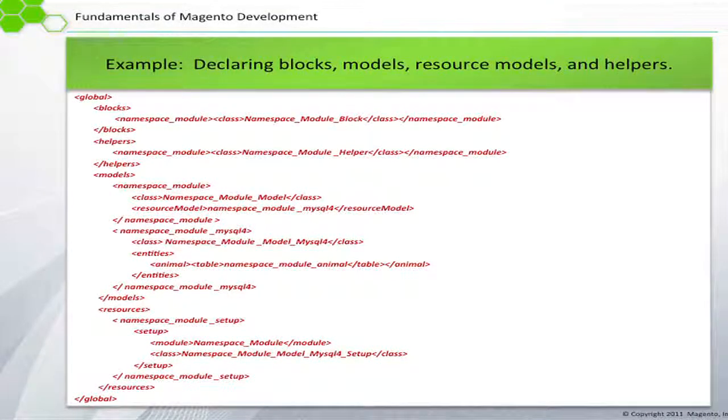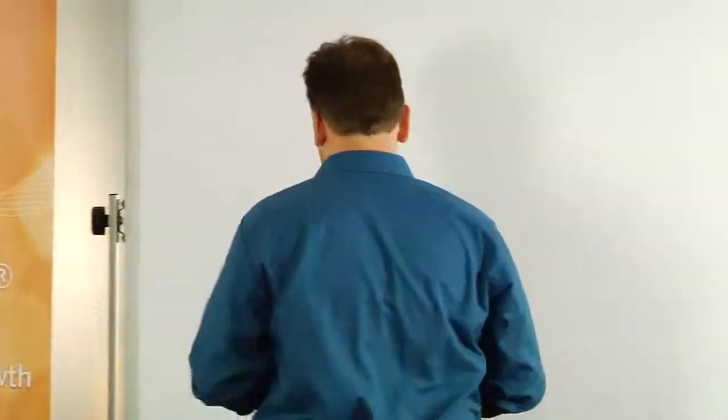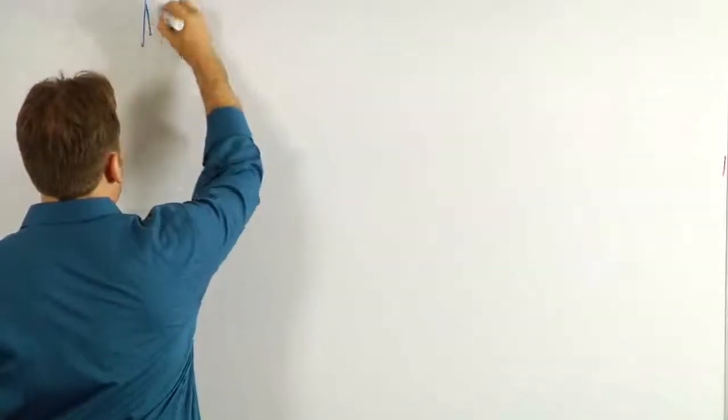So namespace module block. So now I could call for this, for example, for a helper. I could say namespace module, let me see, Mage helper. Based on what's configured here for blocks, helpers, models, I could do, for the helper, let's say Mage.